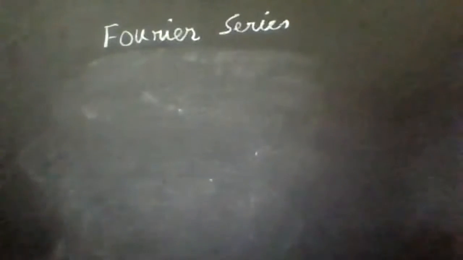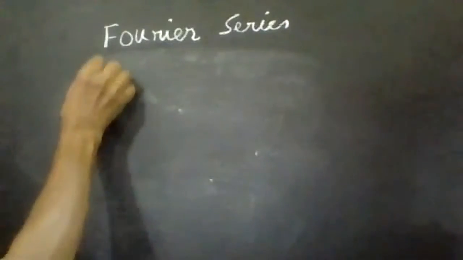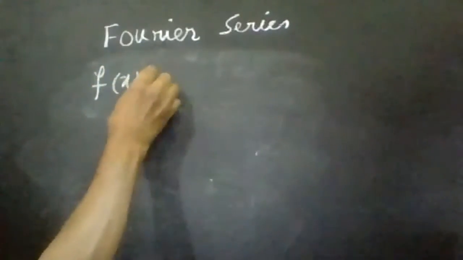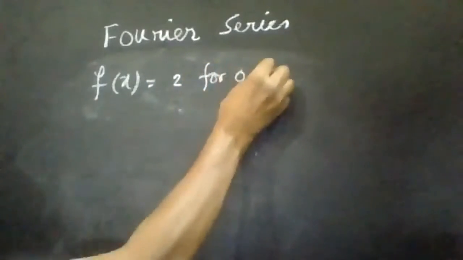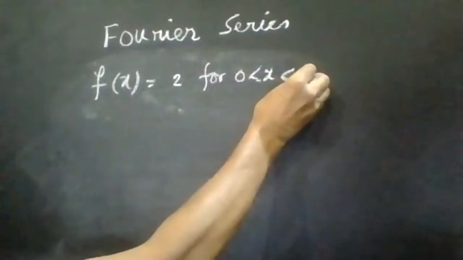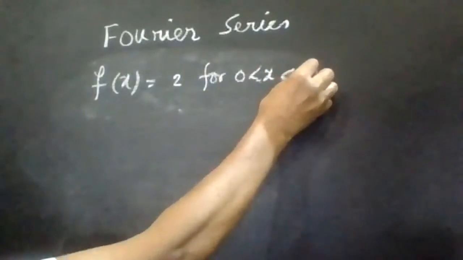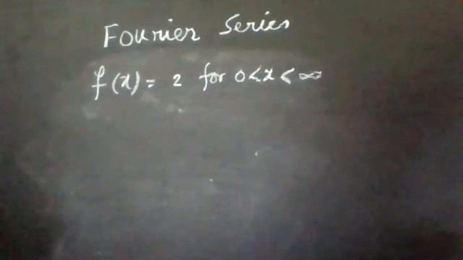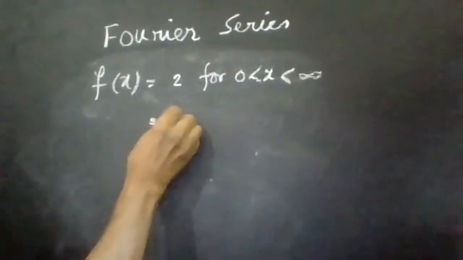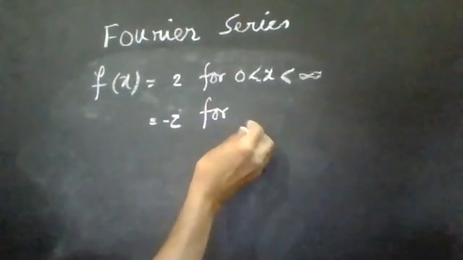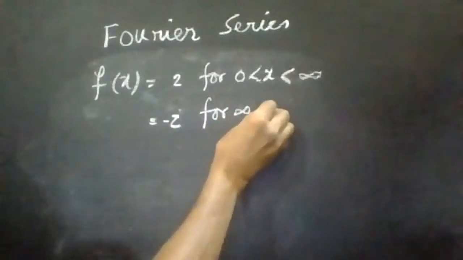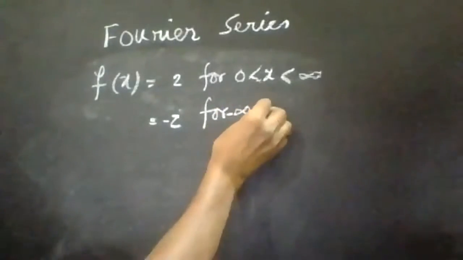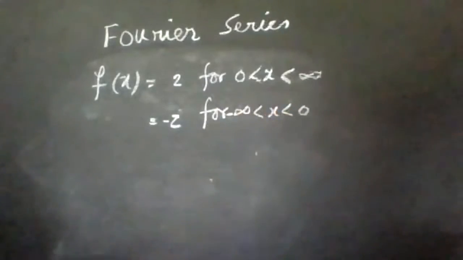Now we will move over to continuity of a function. Let us consider a function f(x) that is equal to 2 for 0 less than x less than infinity, and f(x) equals minus 2 for minus infinity less than x less than 0.